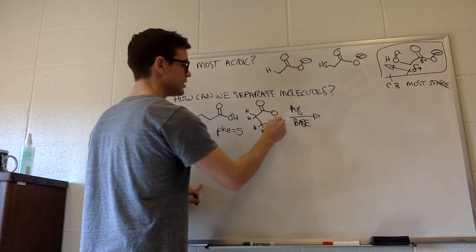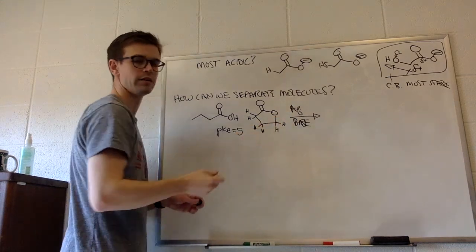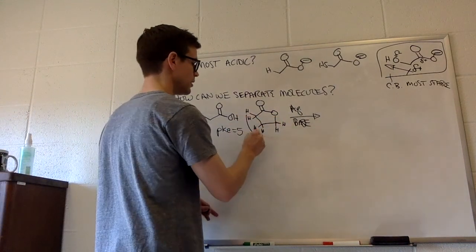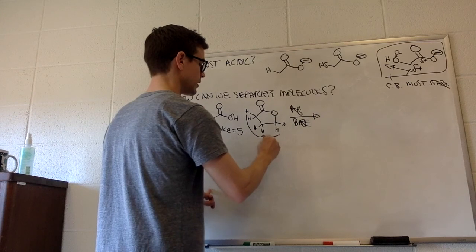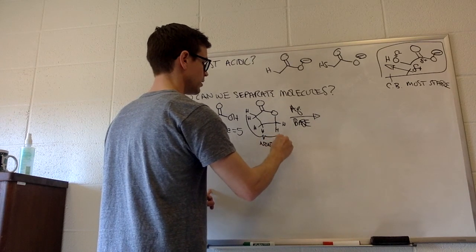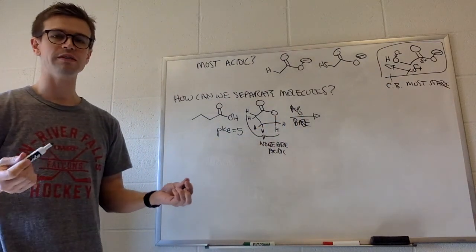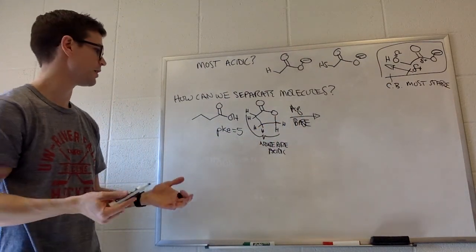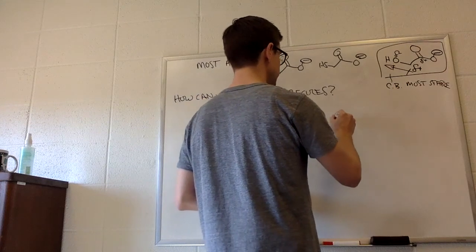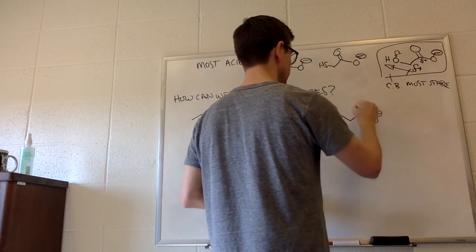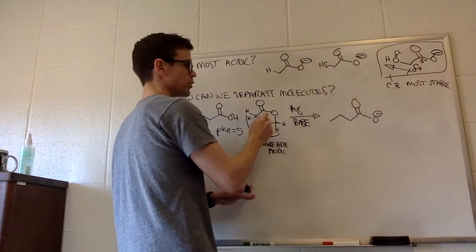They're all CH bonds, and none are acidic. So when we treat with a weak aqueous base, so we could use sodium bicarbonate here, it's going to deprotonate this molecule, and this one's going to remain the same.